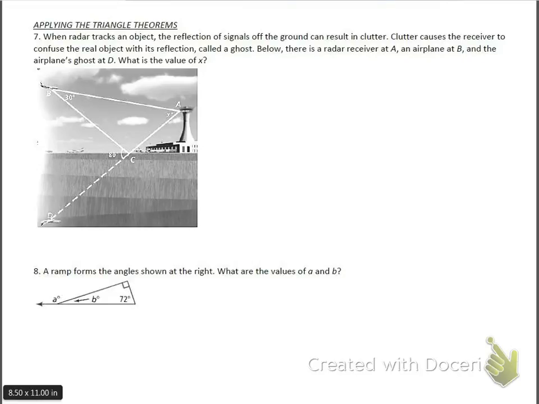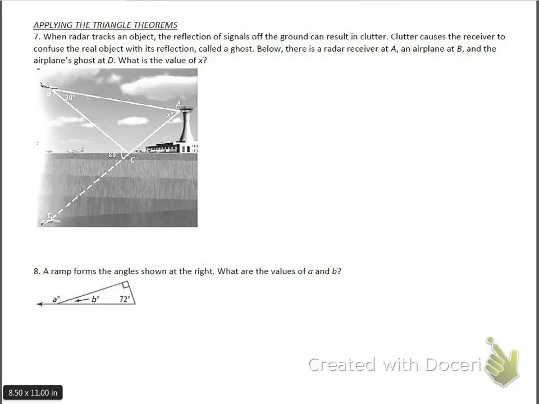I use the triangle exterior angle theorem. Okay. So since 80 is the exterior angle, the measurement of angle A plus the measurement of angle B should equal 80 degrees. So I see where you're going.